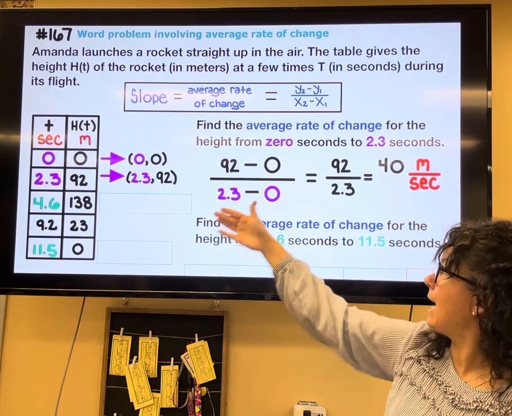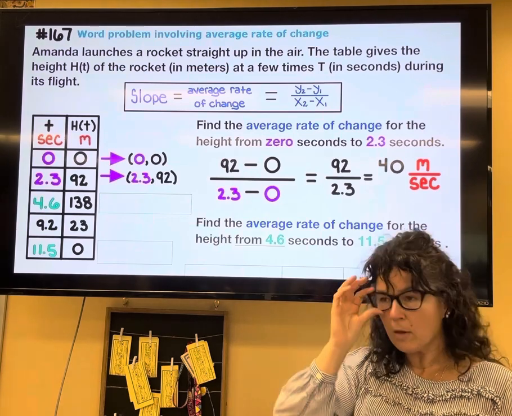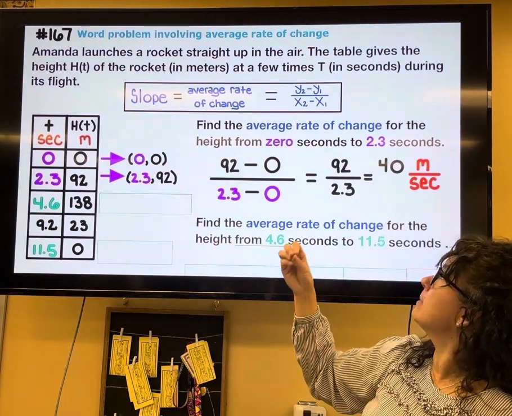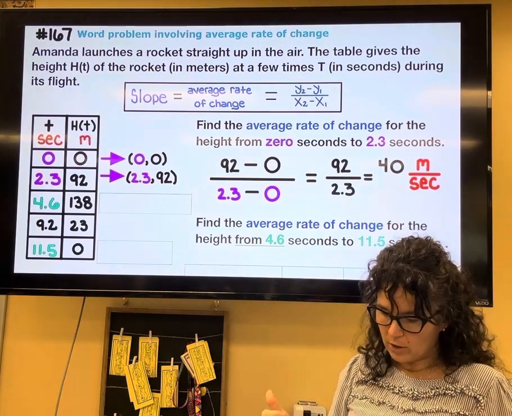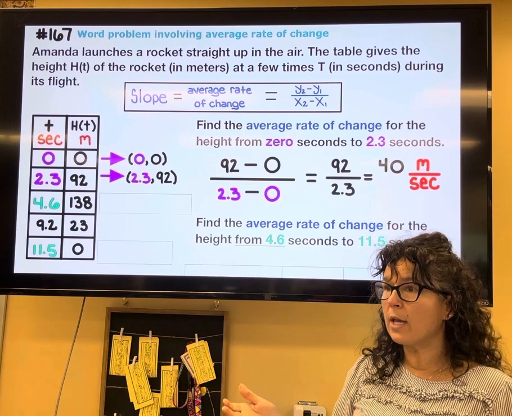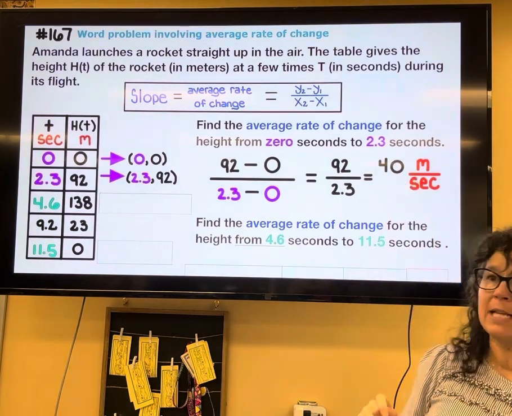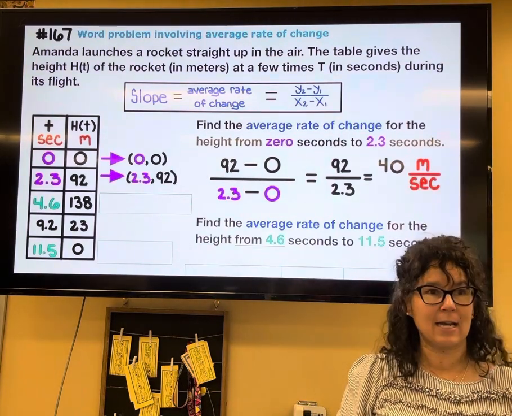What this is saying when I think about it in terms of the story problem, what's the average rate of change from time 0 to 2.3 seconds? In other words, this was going an average of 40 meters per second from time 0 to time 2.3 seconds.